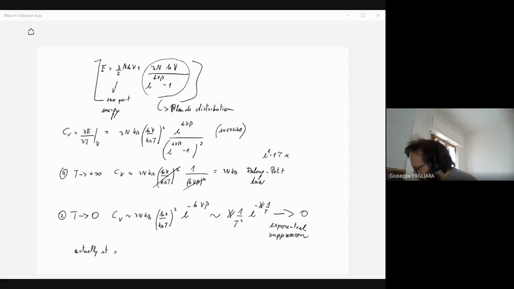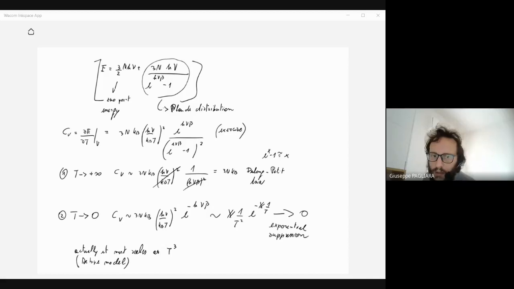It must scale as T cubed in the model which is called the Debye model. But I'm pretty sure that you have done this, or you will do this in the course of structure of matter or solid state physics. So I will not comment much on that.